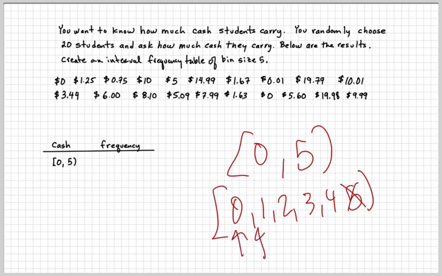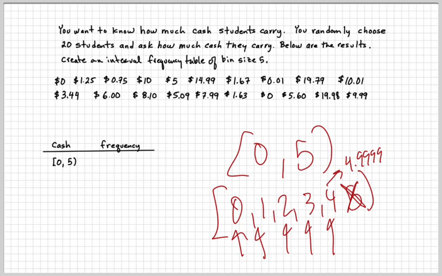So 1, 2, 3, 4, 5. There's 5 values in here, right? That will give me the bin size of 5, even though I'm not using the number 5. Remember, this goes up to 4.99999999999, very close to 5, but not quite.